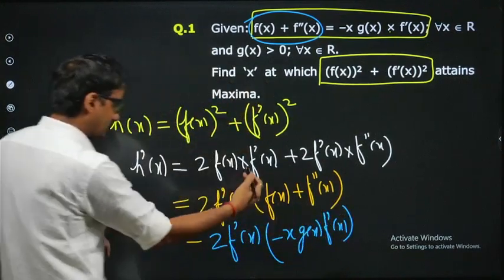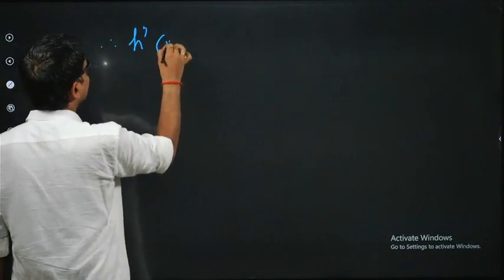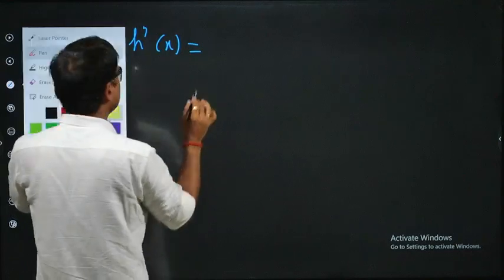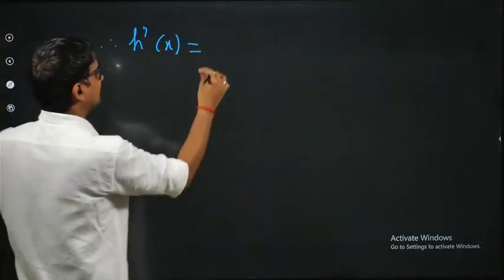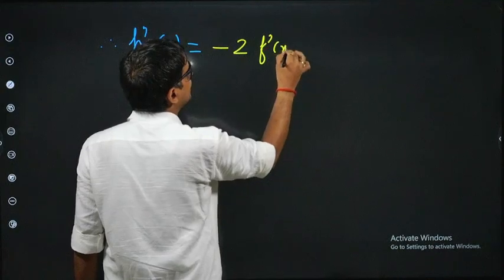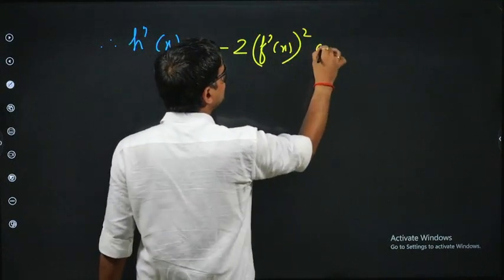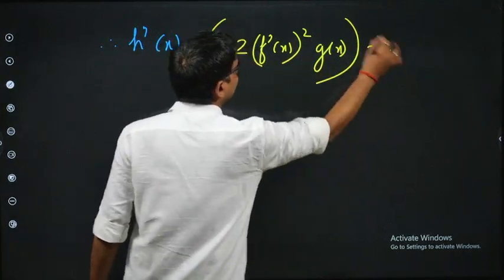Now when you put this value, h dash x is f dash x into f dash x, so that is minus 2 f dash x whole square, g(x) whole multiplied by x here.